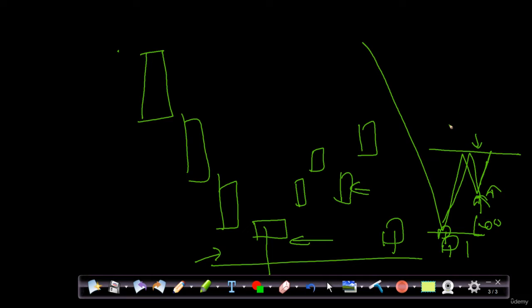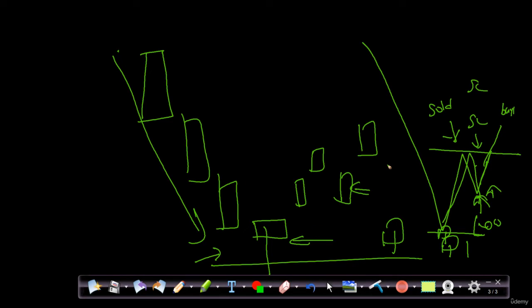Now what is the confirmation? Whoever sold at this position, their stop loss is above this one, here or here. So whenever buyers push the market from here, if the sellers' stop loss is hit, that means buying will start again, because selling already happened in the market. Again we are trading at the breakout. It's a confirmation.